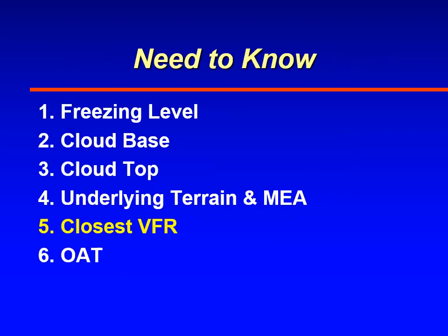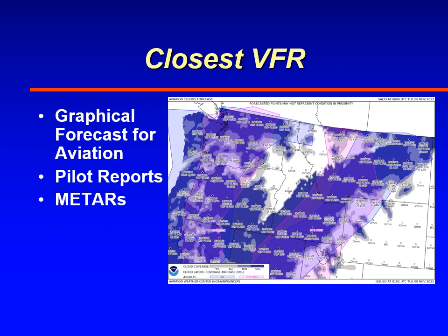Closest VFR is the next item on our list. And you can get closest VFR from the graphical forecast for aviation or pilot reports or METARs. In other words, this is information that you need to know in case you need to get out of the clouds and into clear air.